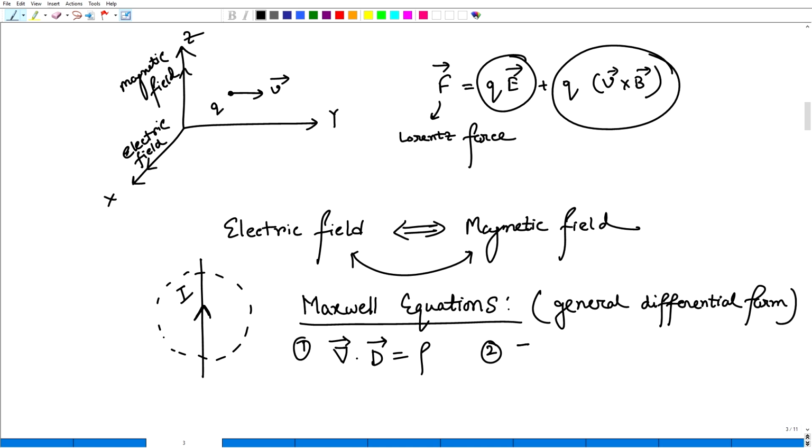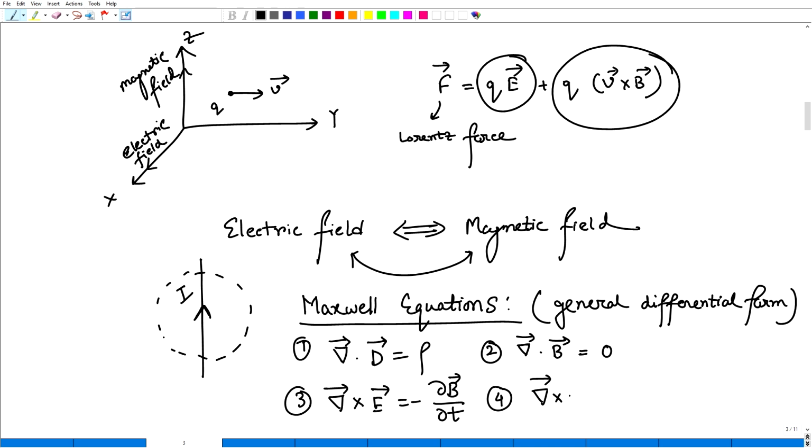The second one is 0. The third equation is... these are the 4 Maxwell's equations.